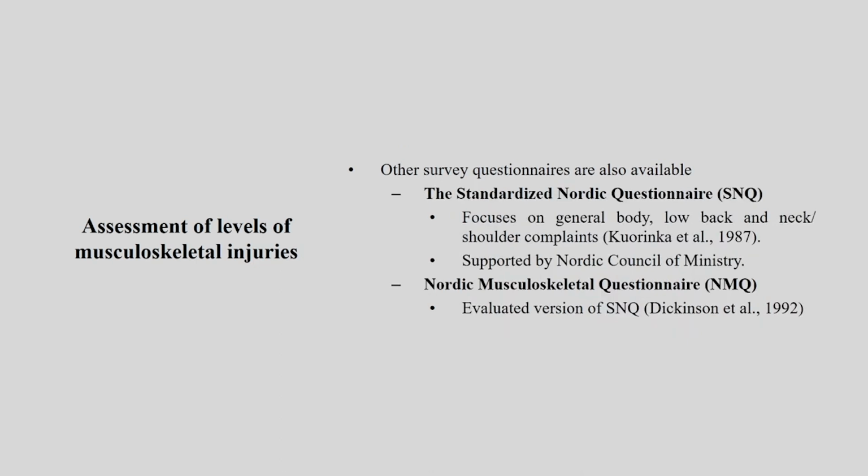One more important questionnaire, very similar, is the standard Nordic questionnaire. The first one was developed in 1987 and then modified in 1992. The standard Nordic questionnaire, developed by Kuorinka in 1987, you can also use.